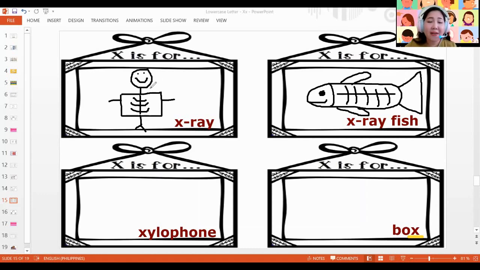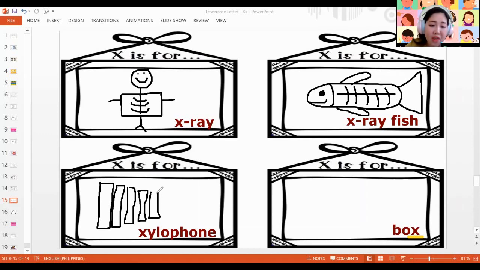So we already have X is for X-ray, X is for X-ray fish. Now let's make our xylophone. So our xylophone has different sizes of rectangles, from the biggest to the smallest rectangle, and when you tap the different rectangles, it will give you different sounds.